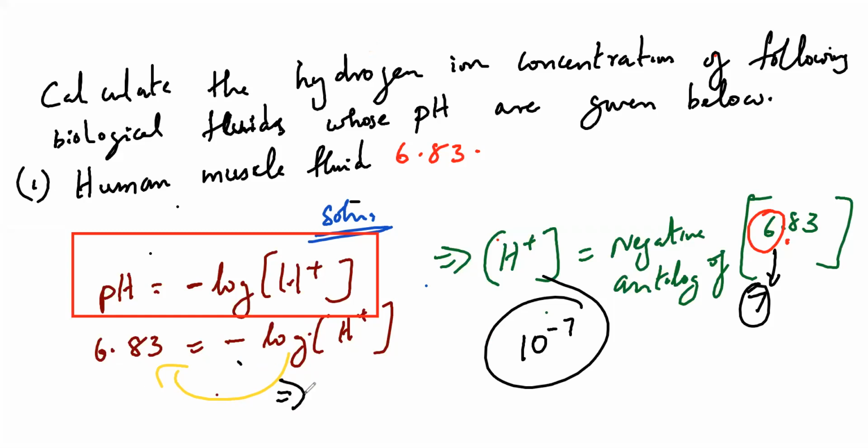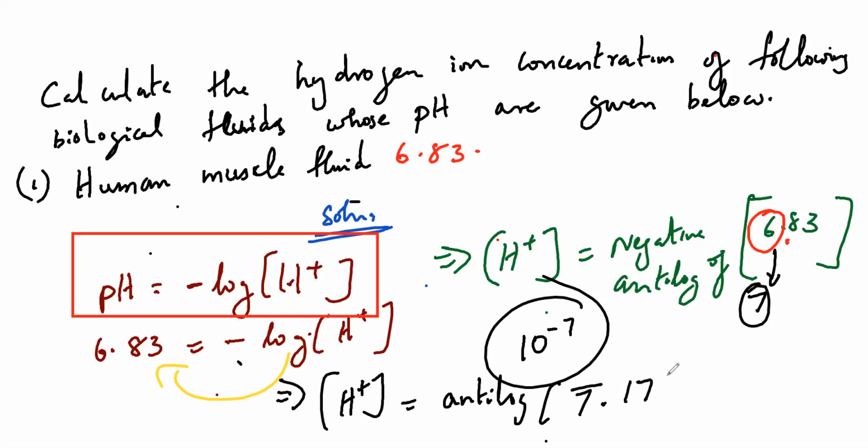We just write H plus is equal to, instead of 6, what will you write? 7 bar. Or else, before this, instead of negative antilog, write antilog of 7 bar.17. How am I getting this 17? By subtracting this. Then you will never go wrong.